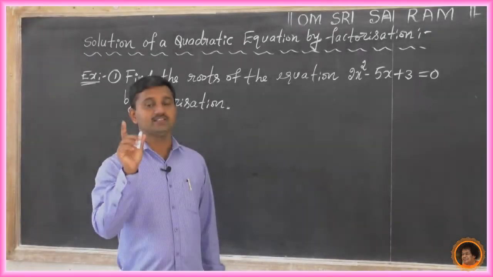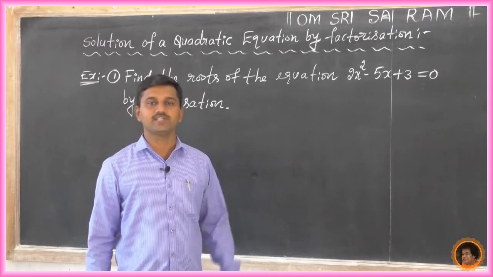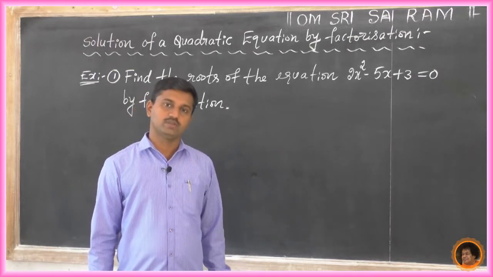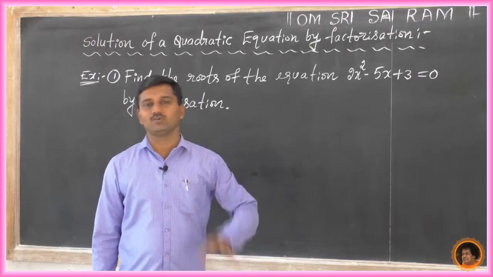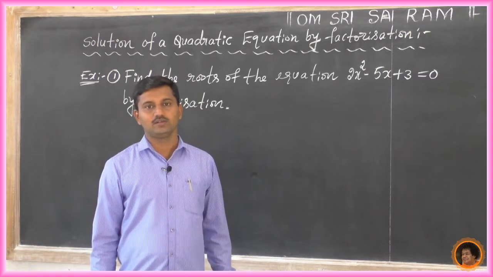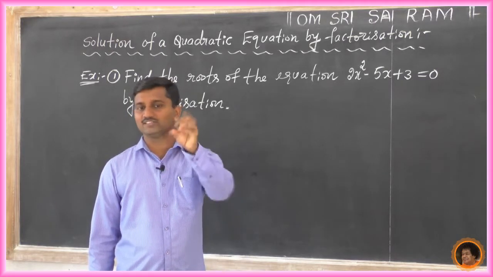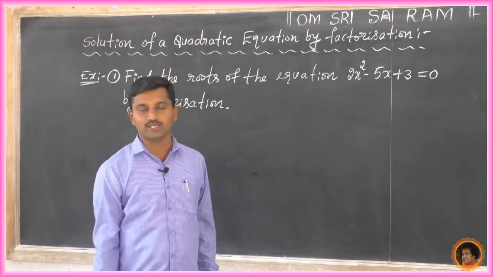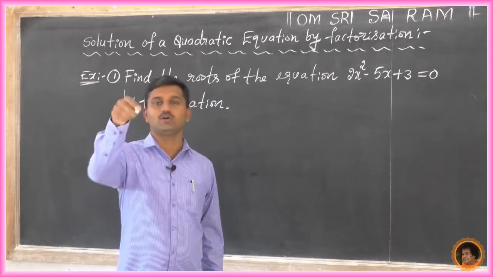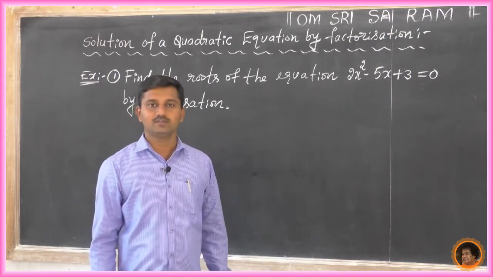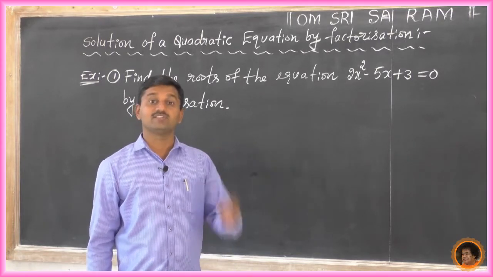So we know that the general form of the quadratic equation is ax square plus bx plus c equal to 0, where x is the variable. How to find the value of x, or the roots of the quadratic equation? There are several methods.